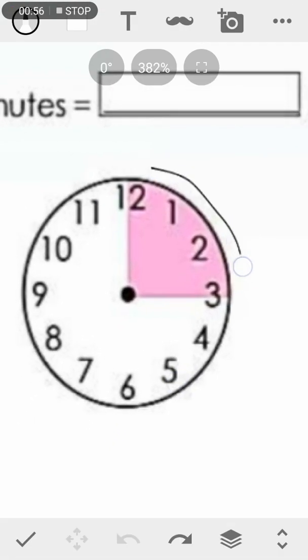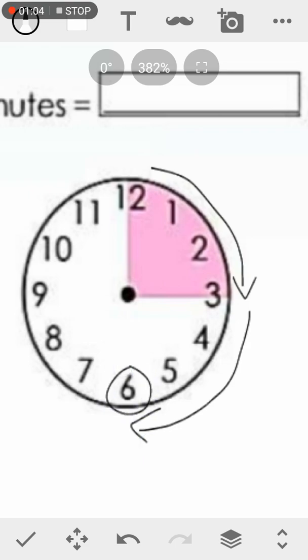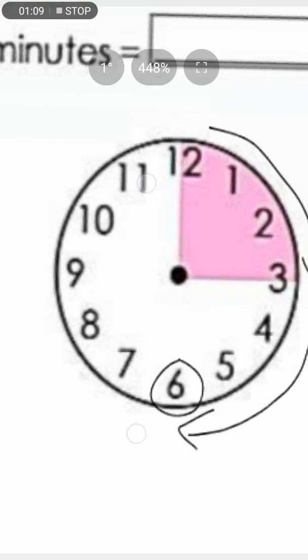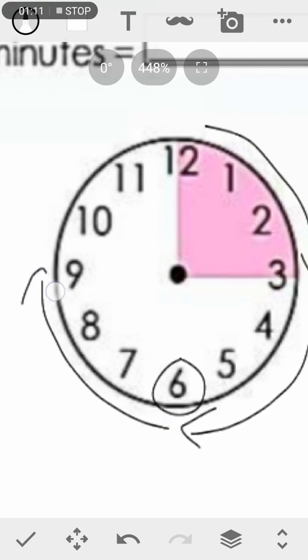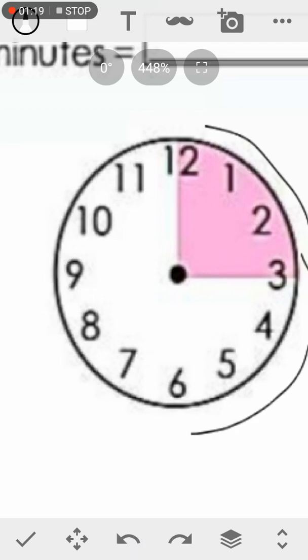Okay, if it passes just a quarter of the clock, 15 minutes have passed. When it passes half the clock and ends up here at 6, it has moved 30 minutes. When it has moved 3/4 to 9, it has moved 45 minutes, and when it moves right up until 12, it has moved a full 60 minutes.